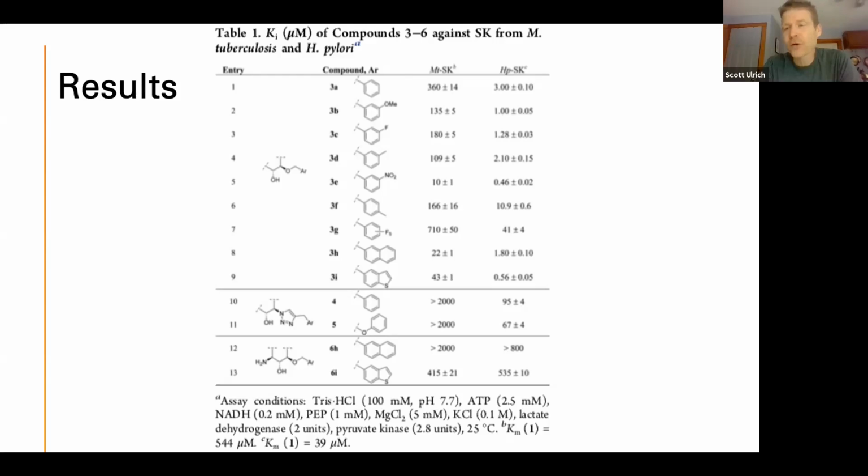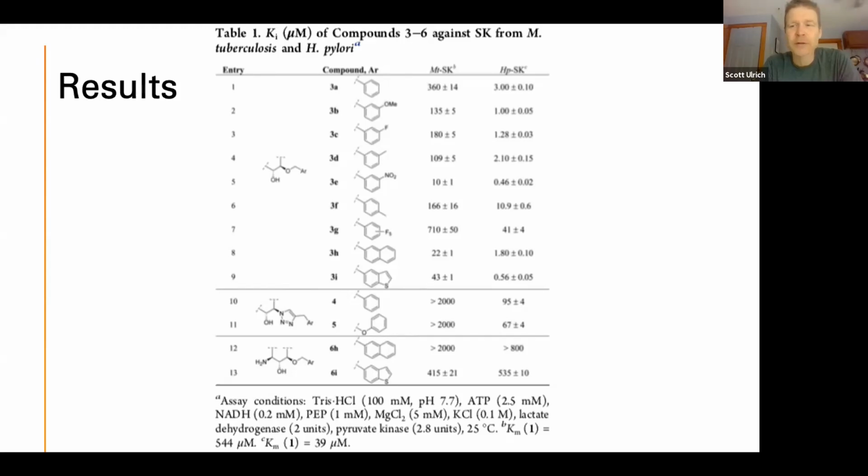Yeah, so nitro groups are the most electron withdrawing groups of the normal set. And disappointingly, I think it's the only one, right? They do have one with a fluorine, but fluorine is not nearly as electron withdrawing as nitro. And that can make a big difference.